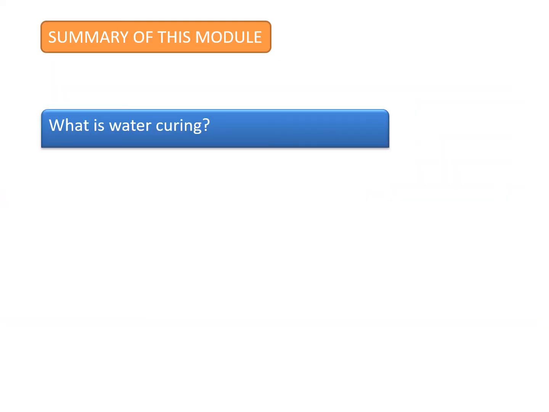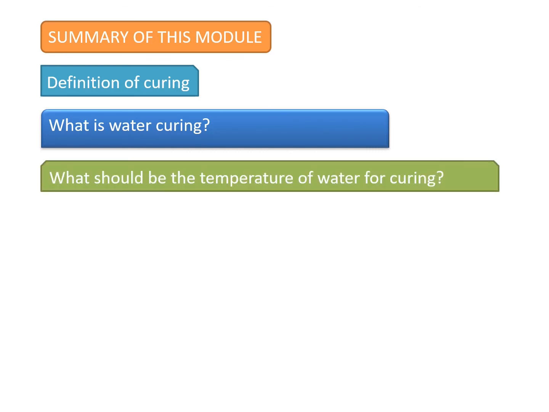So to summarize this module, we talked about the definition of concrete curing, we talked about water curing, the different types of water curing, what is immersion, what is ponding, what is sprinkling, what should be the temperature of the water for curing, and how it is important under cold and hot climatic conditions, especially for the structures in the field, because the temperatures can be maintained in the laboratory, but in the field it is not going to be easy to maintain the temperature of water.